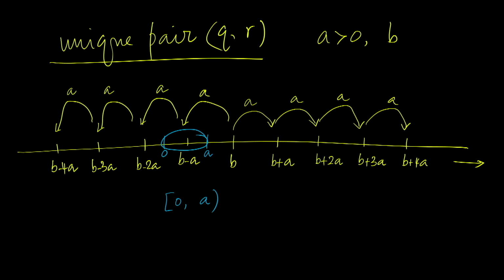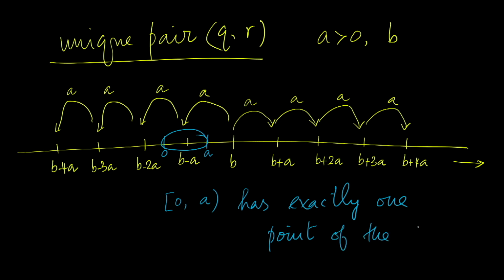In one of the directions, you would jump into this interval exactly once. That is, there will be exactly one point falling in this interval which is within this arithmetic progression. This interval has exactly one point of the AP.